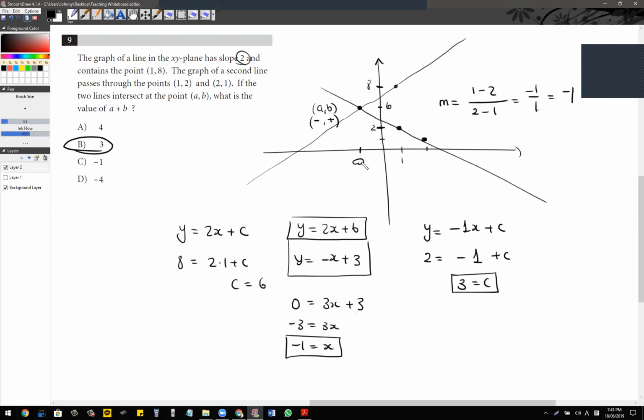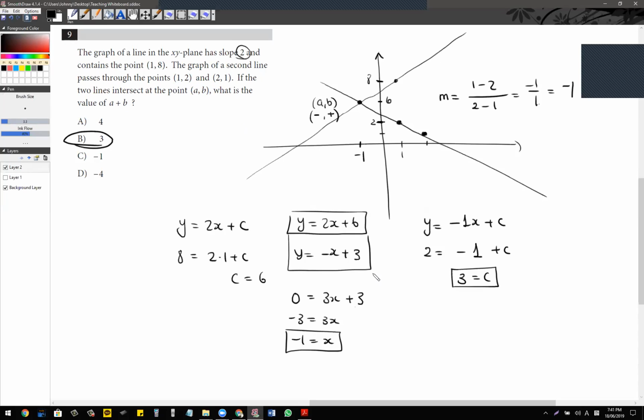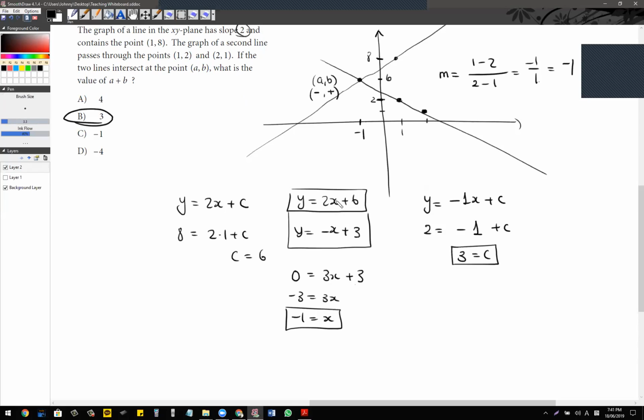What that means is that this value here is negative 1. We can plug that point in here. y equals negative 2 plus 6. So the y value is 4. Plug that into here or here, it doesn't matter. So that means that value there is actually 4. What's 4 plus negative 1? 3. So we got it right.